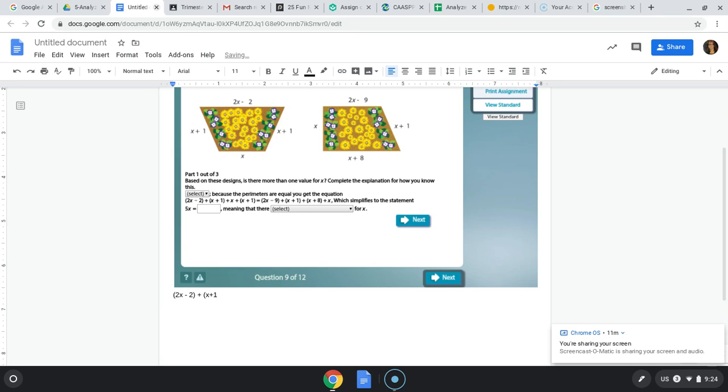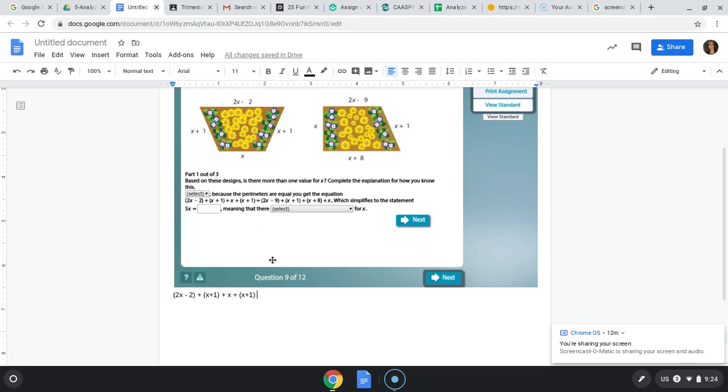They use the parentheses to show you each side, plus x plus 1. So that's the 4 sides, 1, 2, 3, and 4 sides.